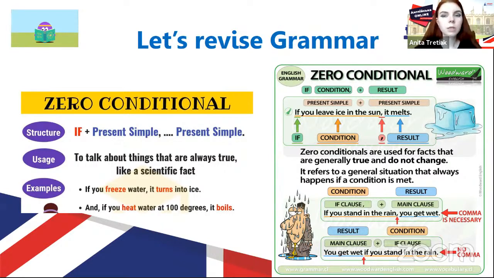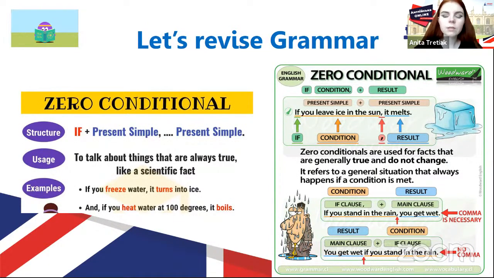But sometimes you can have the result first, and only then you mention the condition. For example, you get wet if you stand in the rain. Literally the same meaning, but the result goes first, and only then we have the condition.